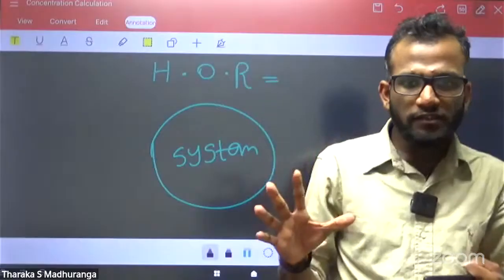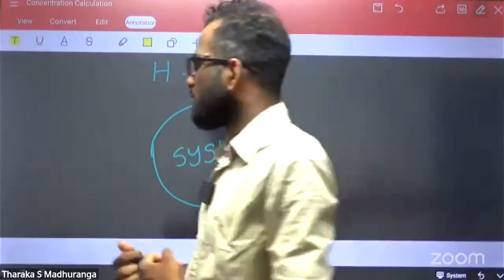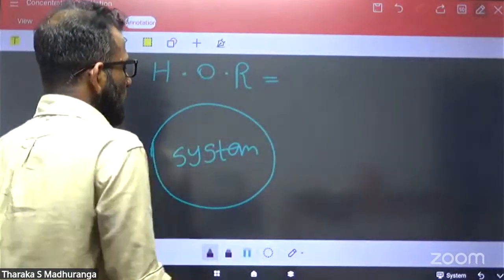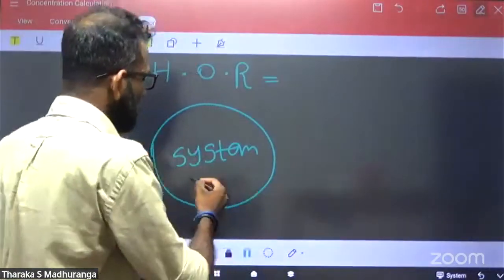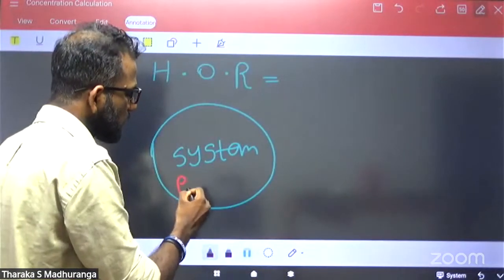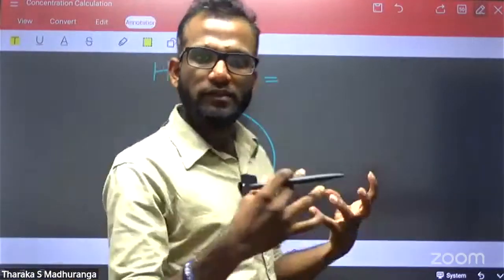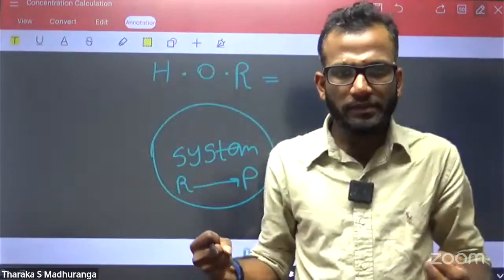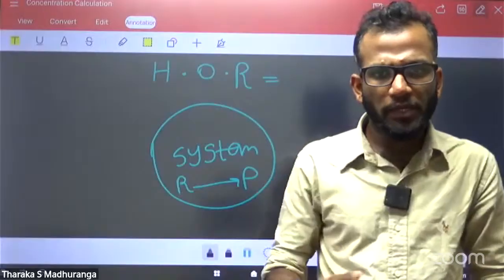Reactions always take place inside the system. Inside the system, reactants convert into products by chemical conversion, that we call a simple chemical reaction.